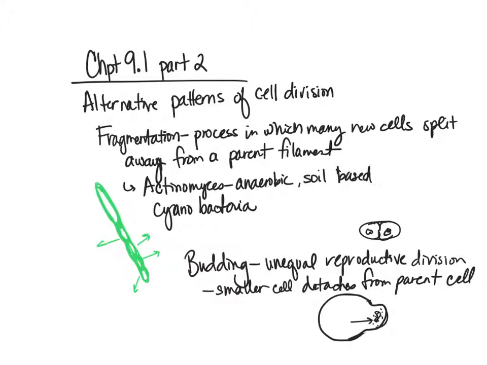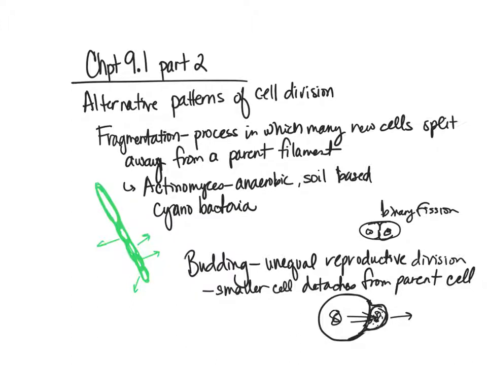And then even the nucleoid region will form. And then what will happen is we have this breaking off, that's not quite cytokinesis, but a breaking off of this cell. And then this will be separate. So again, it's uneven though. So we don't have, as in binary fission, this very equal separation and division. In this case, it's building up this additional smaller cell, and then that eventually breaks off.